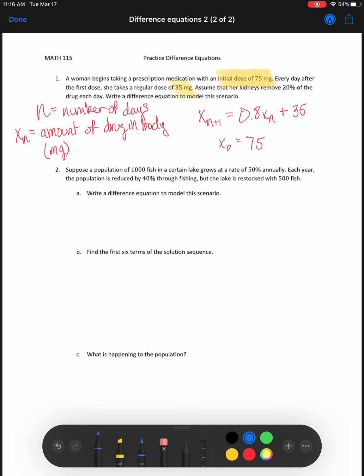So just like we did above, we should define our n and our x sub n. So in this case, n is the time. It's being measured in years. And our x sub n is going to be the fish population in the lake.